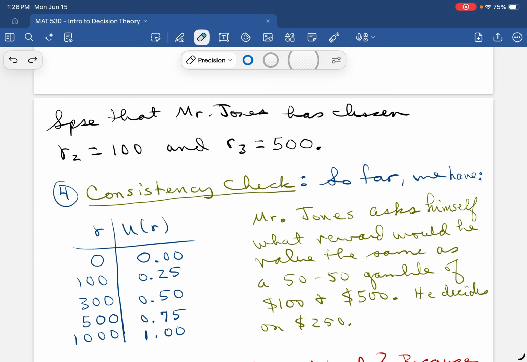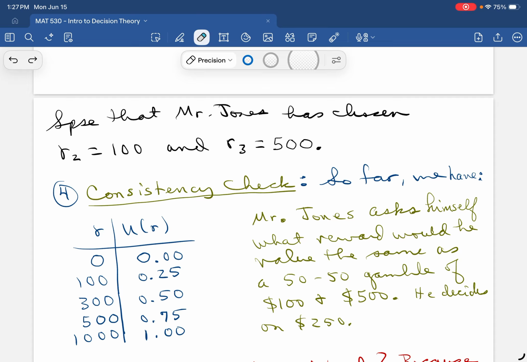So you see here that a lot of constructing this utility function involves Mr. Jones, or whoever's constructing this function, asking how much they value these 50-50 gambles. And then that'll help to set the utility between those 2 points. And eventually we'll have enough hinge points that we can put together a curve.